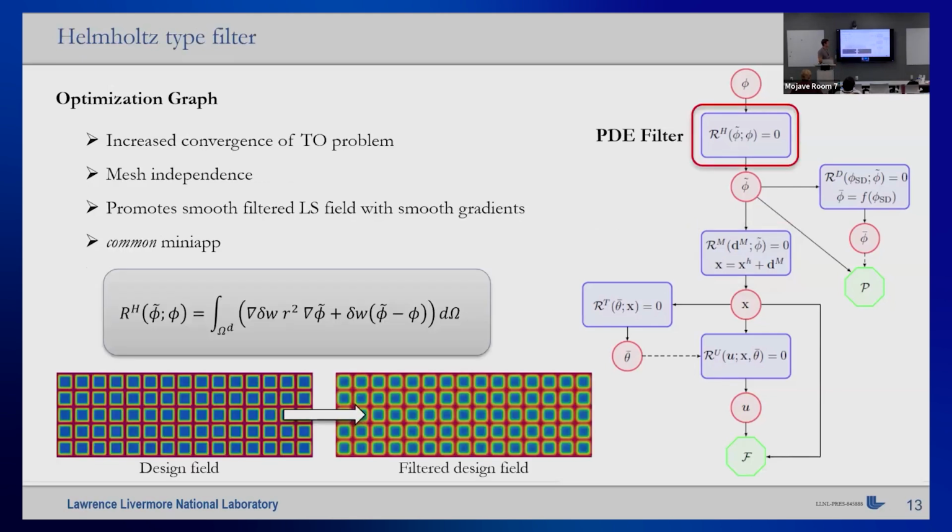Okay, the first one, the PDE filter, is a pretty standard thing. Normally, we use it to increase the convergence of the optimization problem, to create some mesh independence of the design variable field, and in our case, to promote a smooth filtered level set field. The reason why this is advantageous in this approach is that we need a fine enough analysis mesh to represent all geometric features of our geometry.